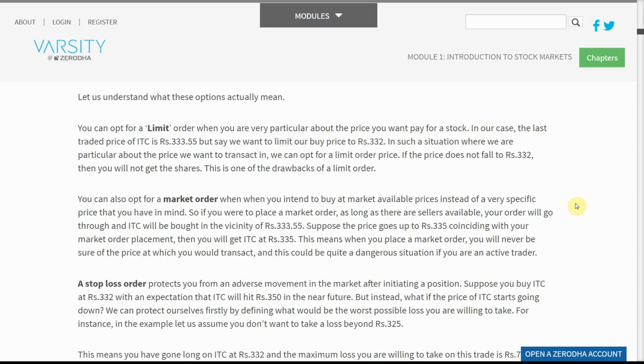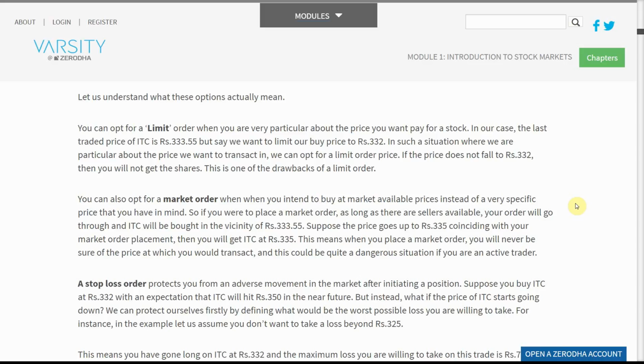Suppose the price goes up to 335 rupees coinciding with your market order placement. Then you will get ITC at 335 rupees. This means when you place a market order, you will never be sure of the price at which you would transact. And this could be quite a dangerous situation if you are an active trader.